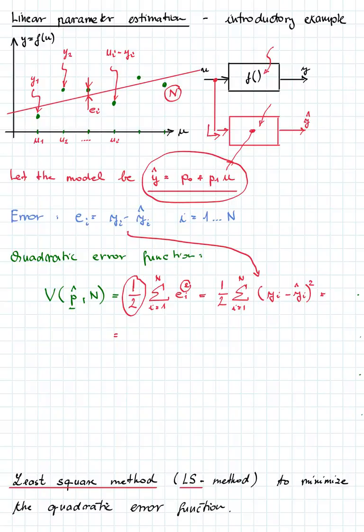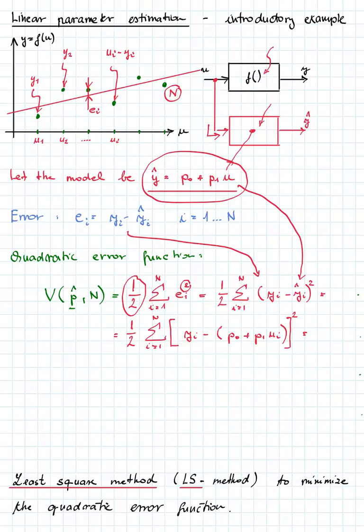The next step is to put the model into y hat. So this is what I am going to copy here. The sum is from 1 to n, y index i minus the model, p0 plus p1 times u index i, squared.